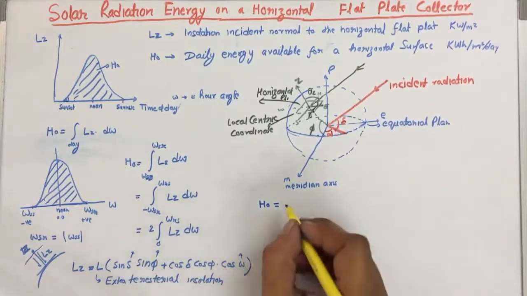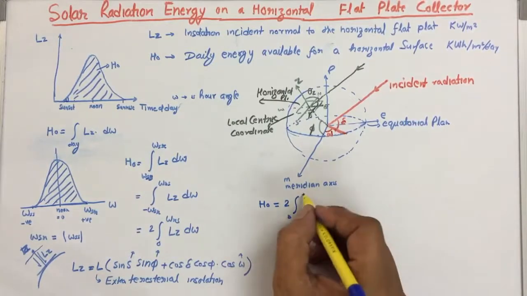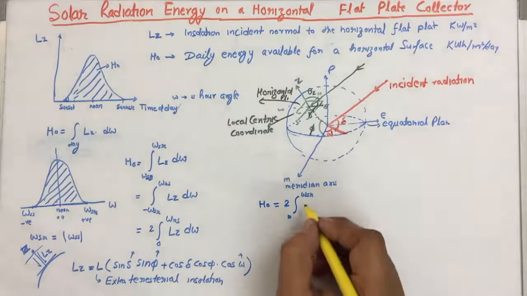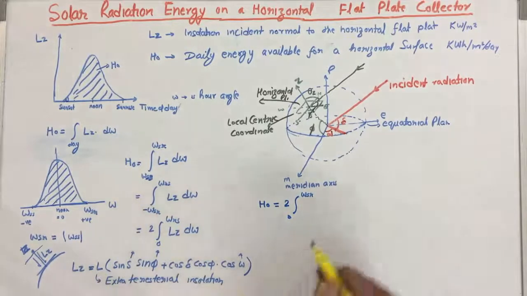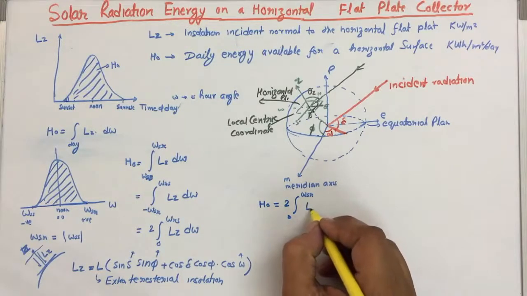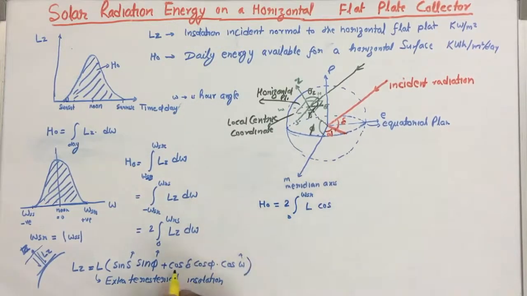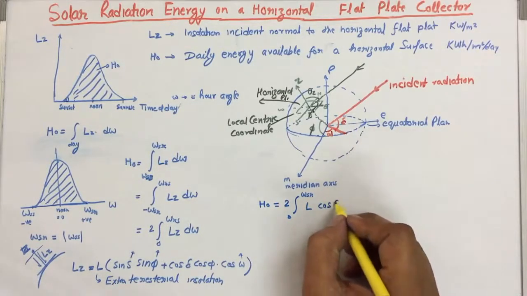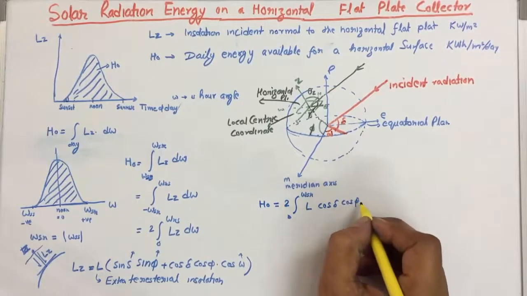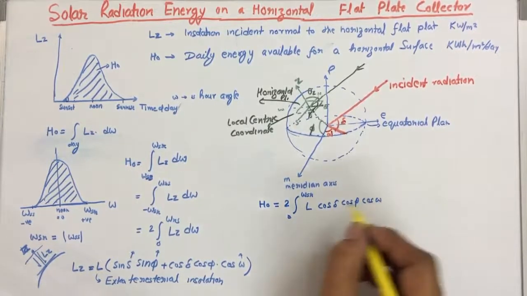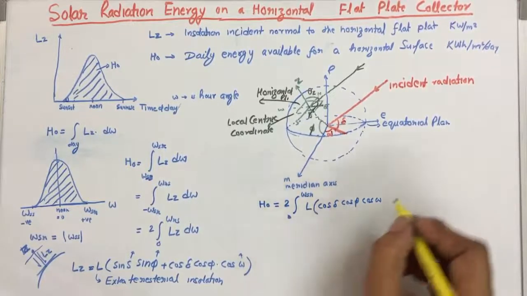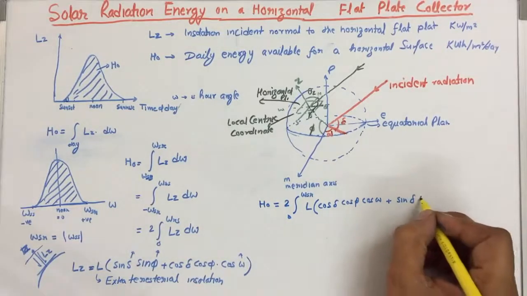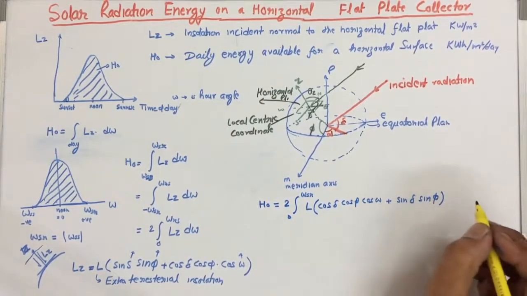So from here, the sunrise hour angle. LZ can be written from here, that is L cos, this term first I am writing, cos delta, cos phi latitude, cos hour angle, plus sine declination, sine latitude.